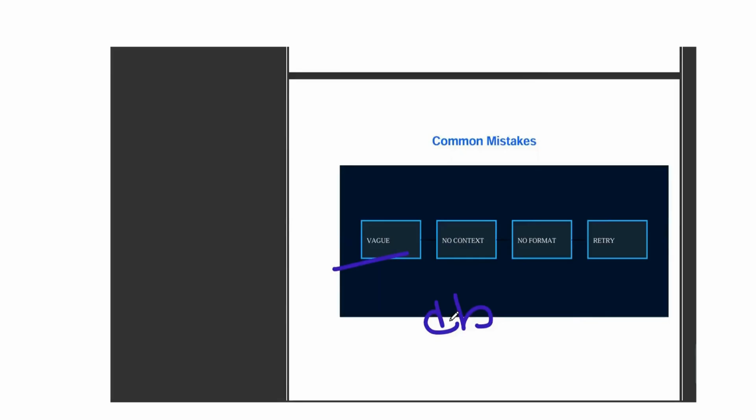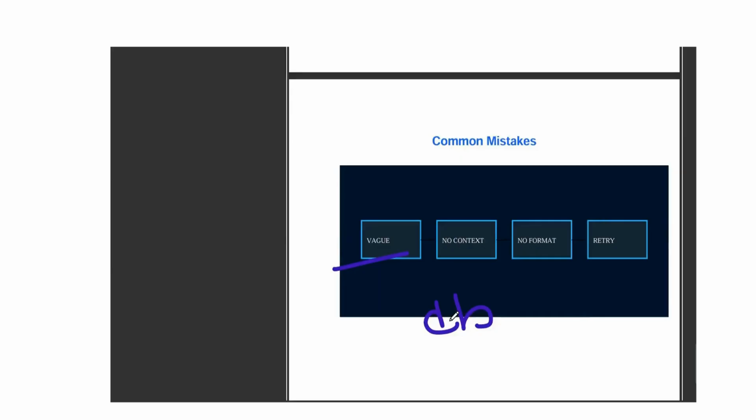Instead, just say explain database to a beginner using simple real life examples. That is much better than the previous one, right? Earlier you had just simply asked, explain database. No, that is not the way. You have to mention it clearly. Explain database to a beginner using simple real life examples. That is way better than the previous.